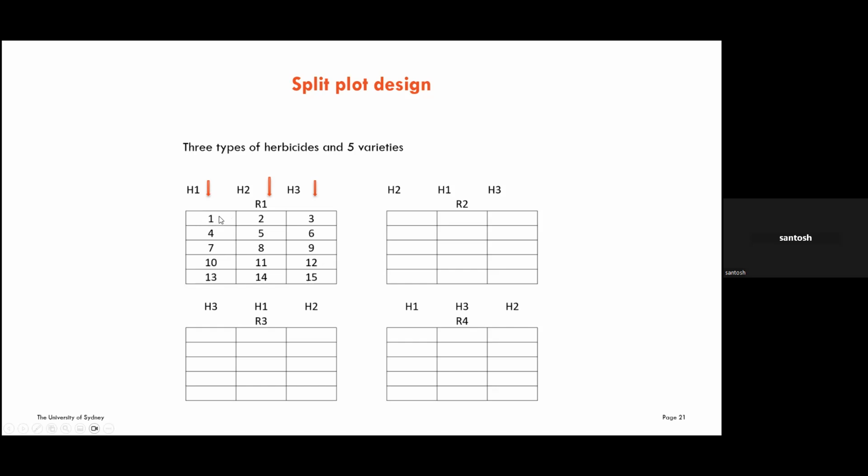But if you use the same herbicide, you just go like this with the machine and use the same herbicide all the way, right? So it is possible. That's why this kind of trial has been designed: the split plot system and design.